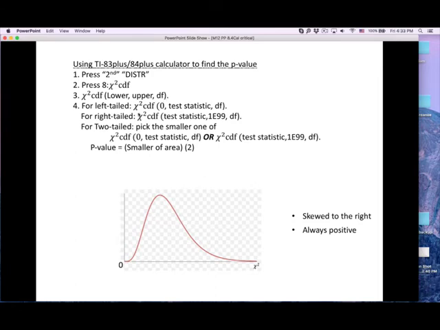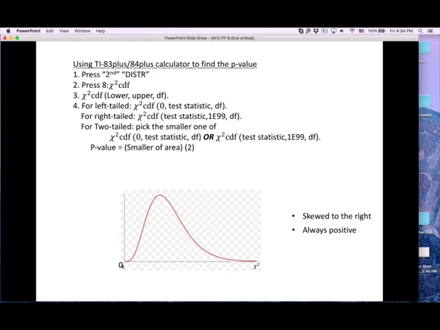For a left tail test, use the test statistic to find the p-value. I'll start with 0, not negative 1e99, because the chi-square distribution is always positive.